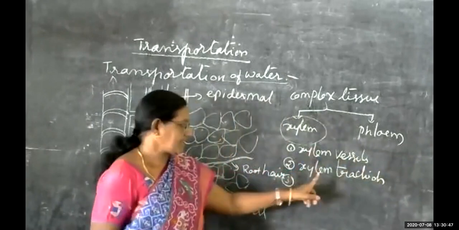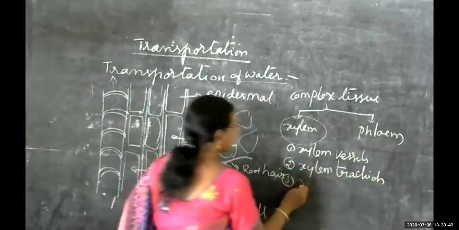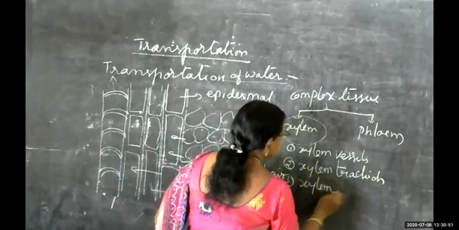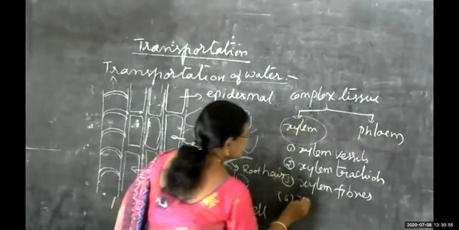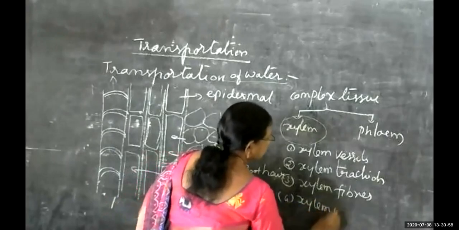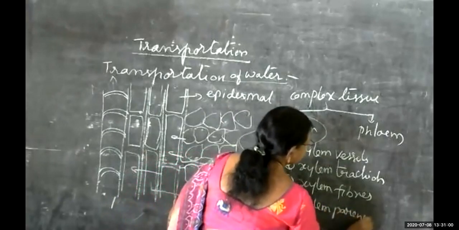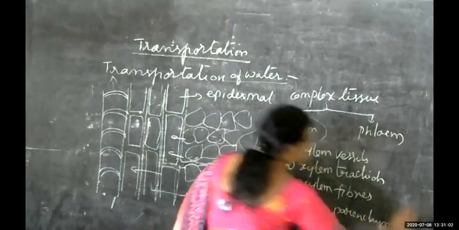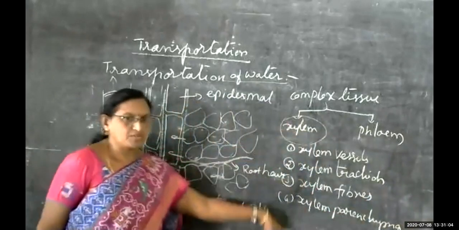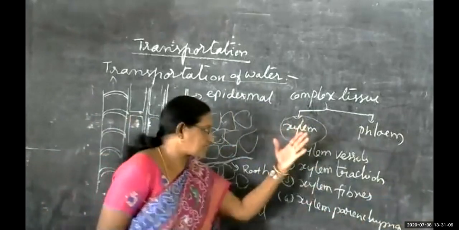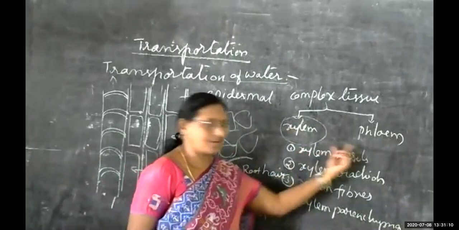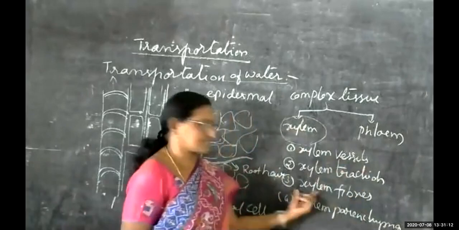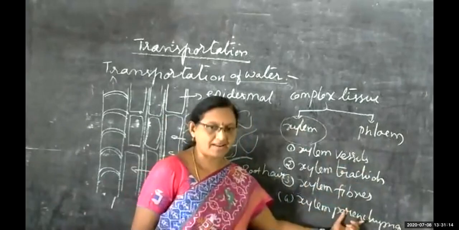Then xylem fibers, and the last one is xylem parenchyma. Might be you have studied all these things in the 9th class, just to recollect. Xylem has four constituents: xylem vessels, xylem tracheids, xylem fibers, and xylem parenchyma.